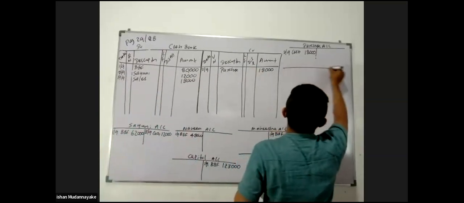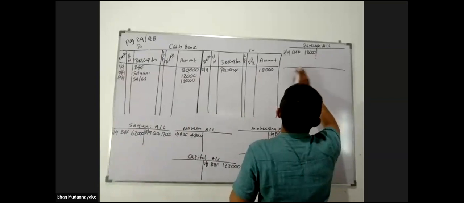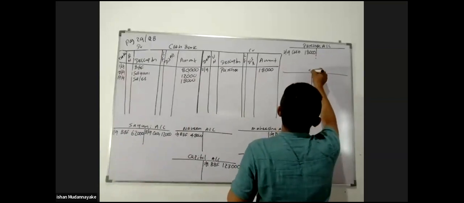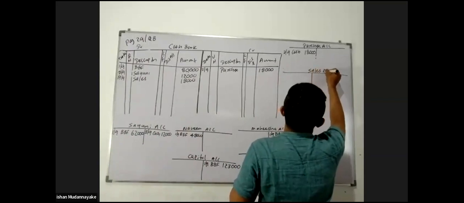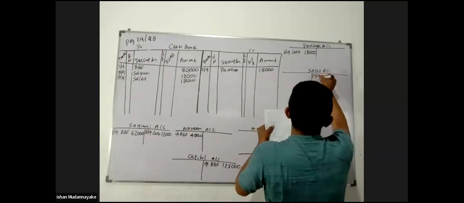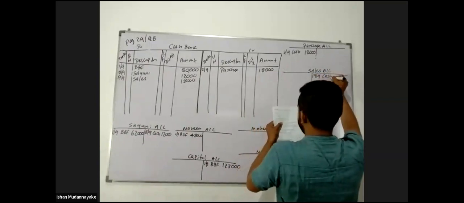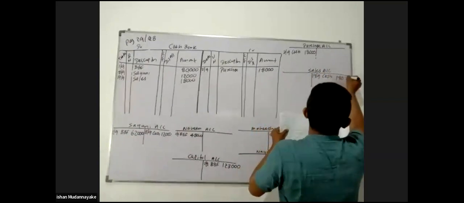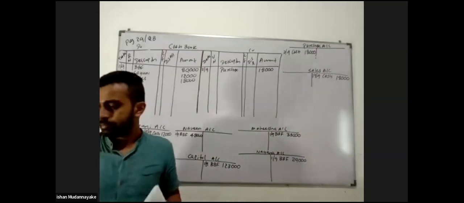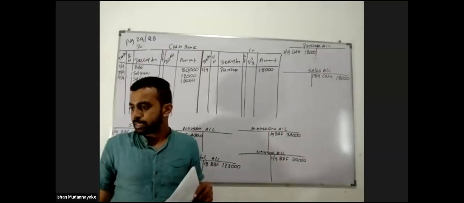Prepare the sales income account. Sales account credit, 17th September, cash 18,000. Then my cash book debit, sales account credit.